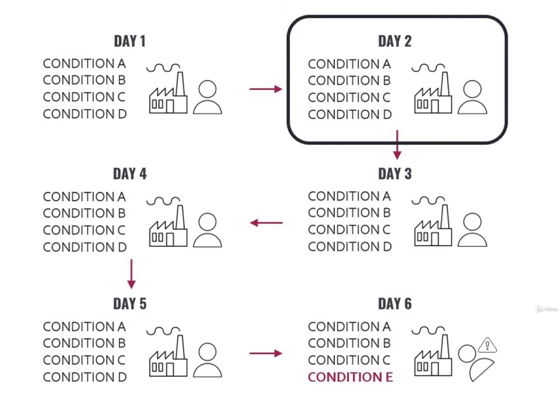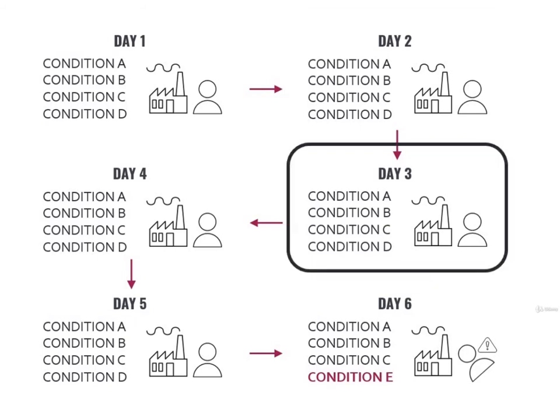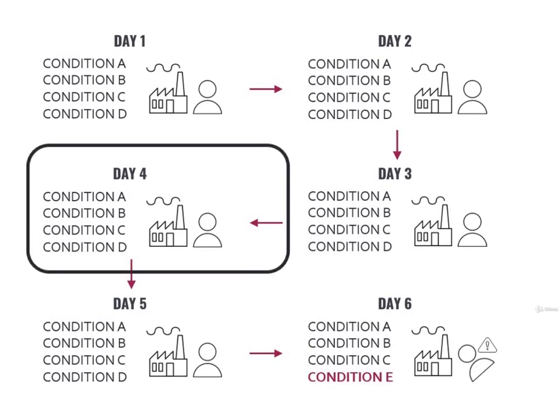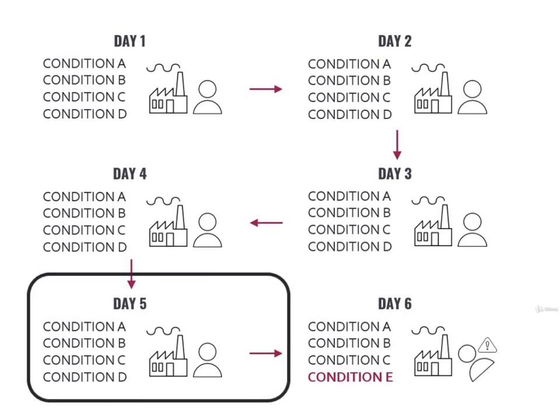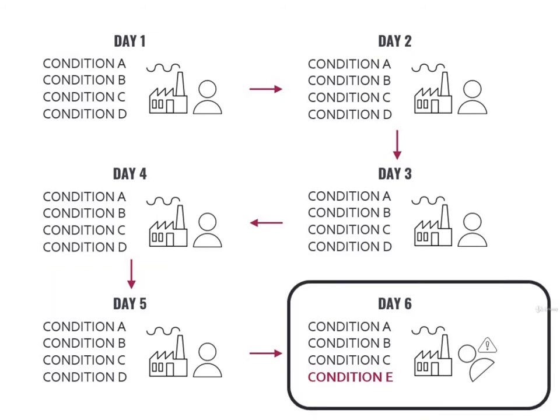Day 2. Day 3. Day 4. Day 5. All the conditions are the same and the worker keeps being fine. Then something changes. Condition D changes into condition E and your worker is injured.